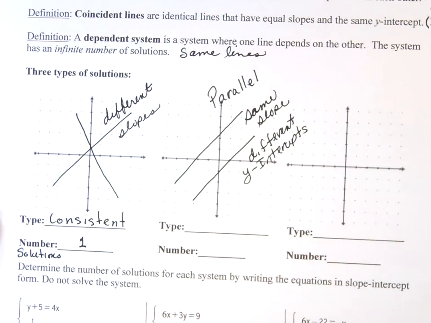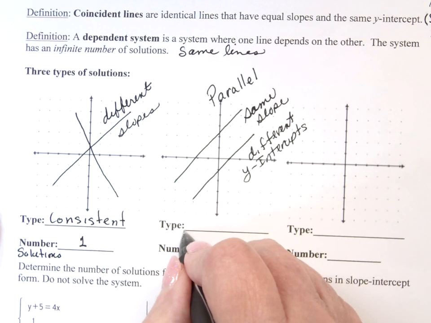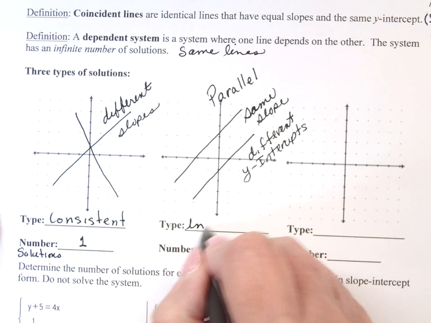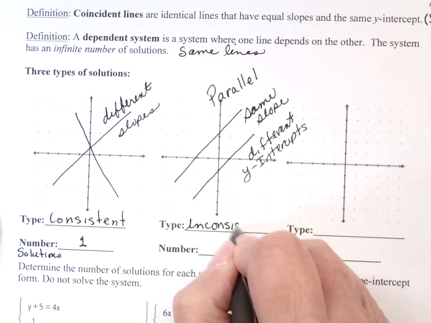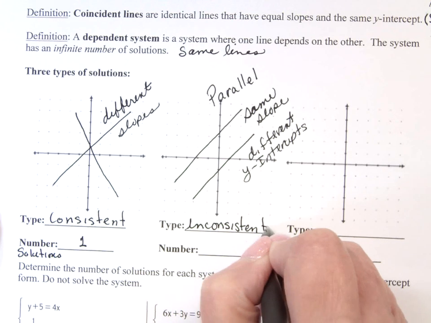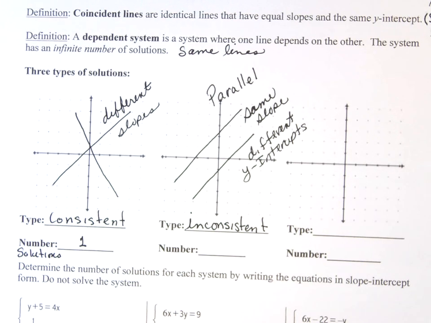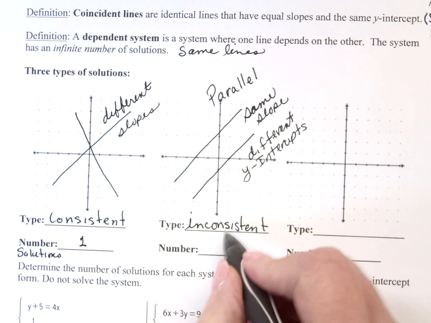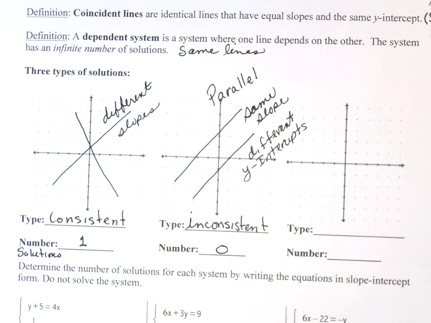They never cross. This system is called inconsistent. Now, if you take any English at all, a prefix of in means not. So if it's not consistent, it has no solution. They never cross. So they are inconsistent.